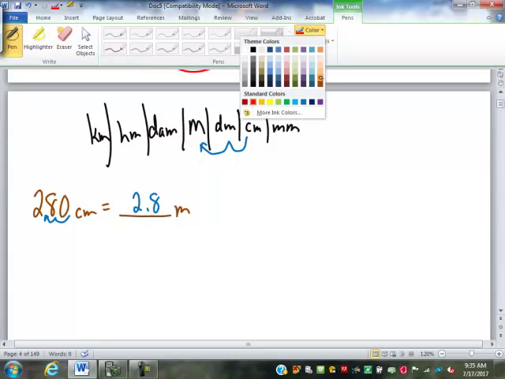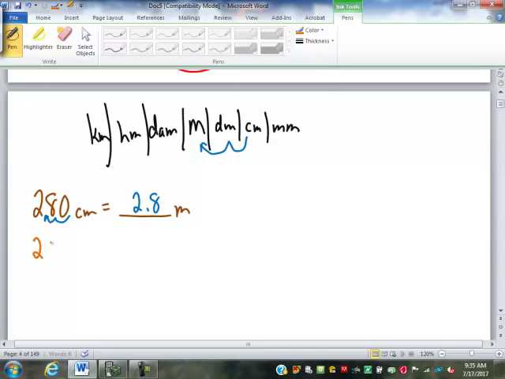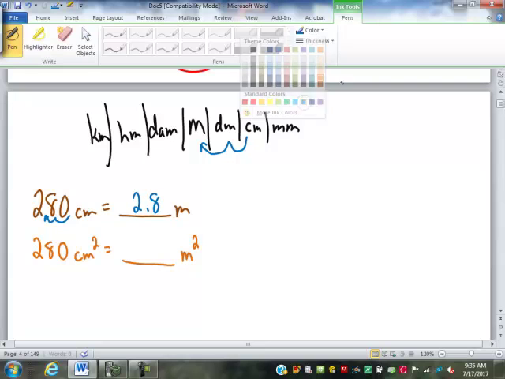What if, however, 280 centimeters squared going into meters squared? Well, now there are not 10 square centimeters in 1 square decimeter.